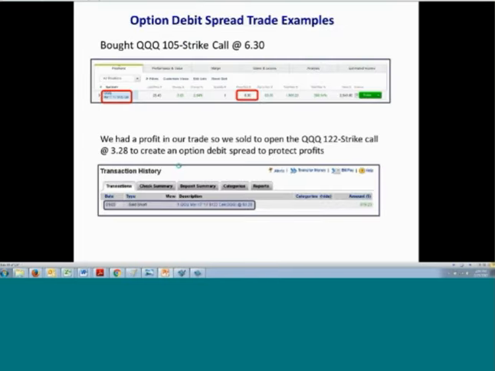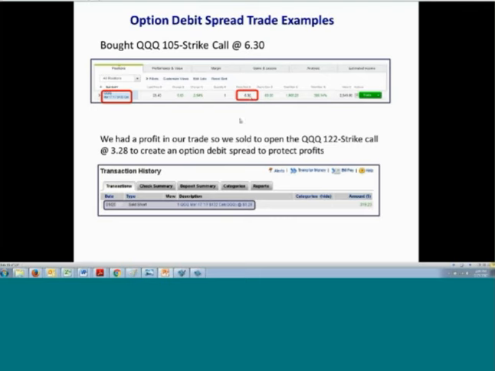So let's look at an actual example that we have on now. Our brokerage report shows that we bought the QQQ 105 strike call at 6:30.